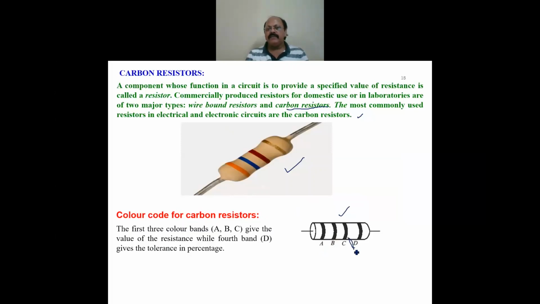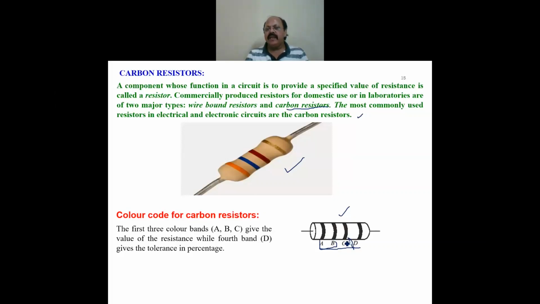These letters have some significant values. The first two letters represent the two rings from one end, which give two significant figures.